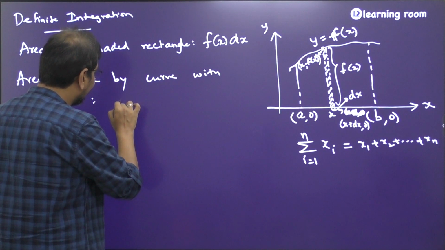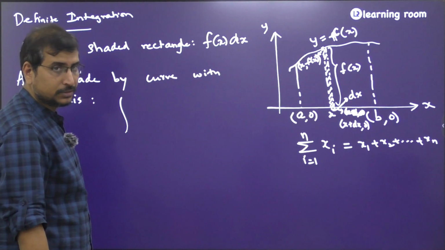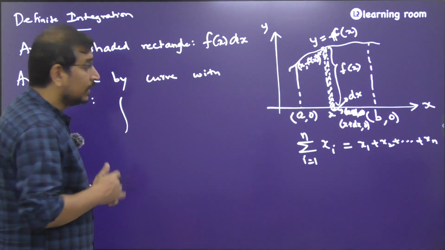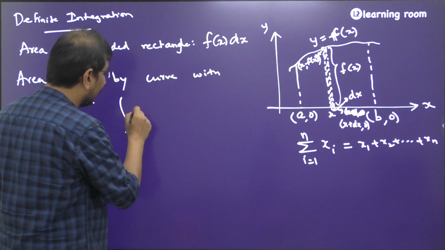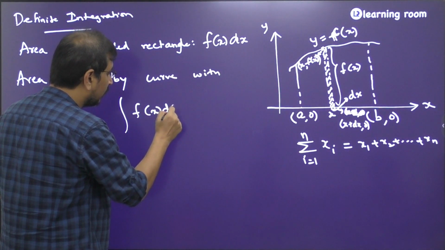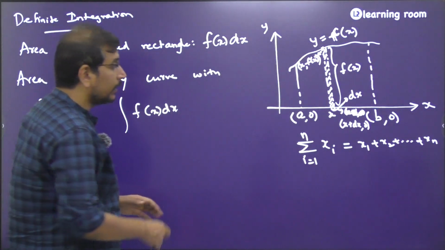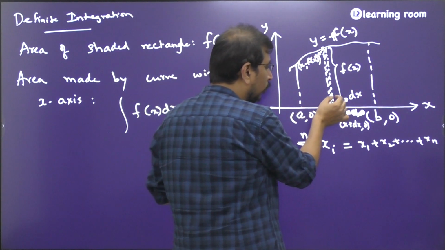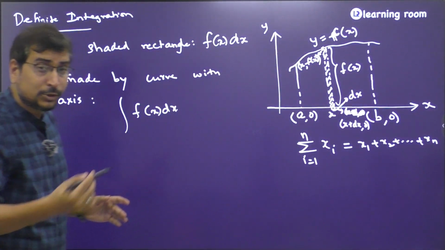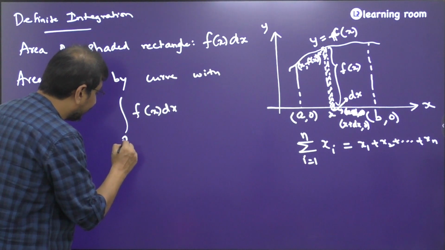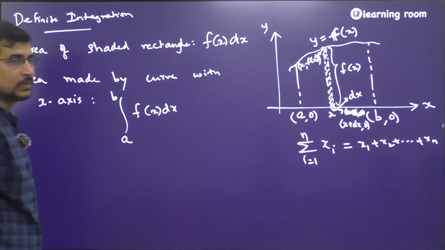The sigma is replaced with the symbol of integration because you are adding. Integral of all these small areas between which two points? Between the points A to B.